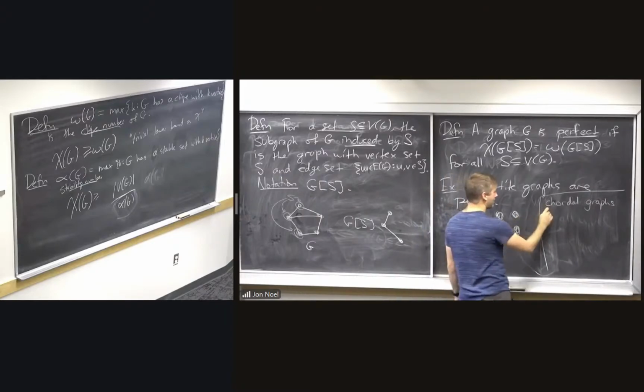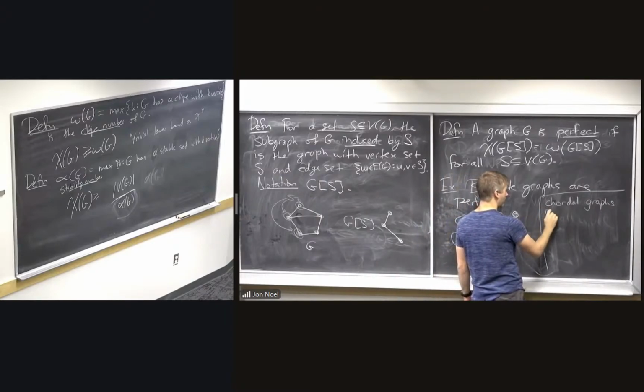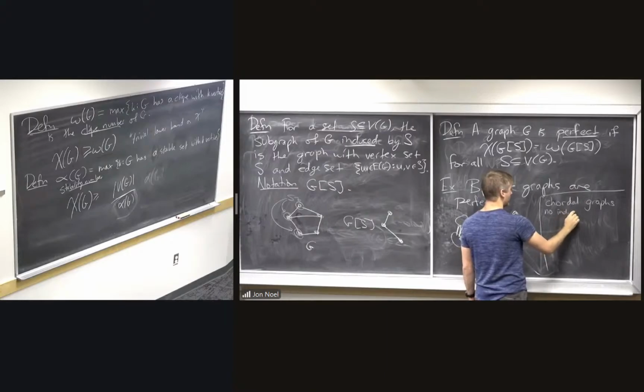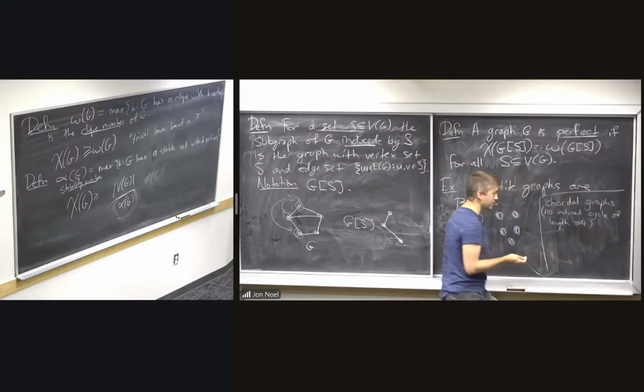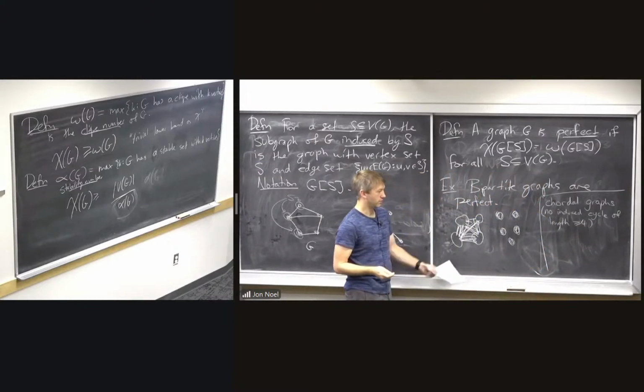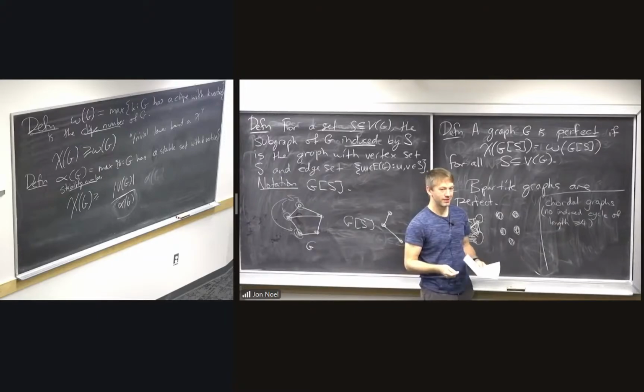Chordal graphs are graphs with no induced cycle of length at least 4. So they can have triangles, but no other. That's what a chordal graph is. People are interested in them for some reason, and they are perfect.